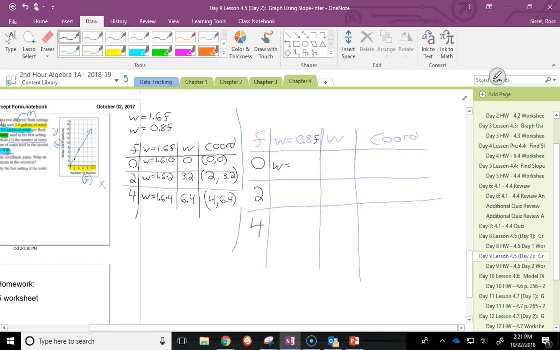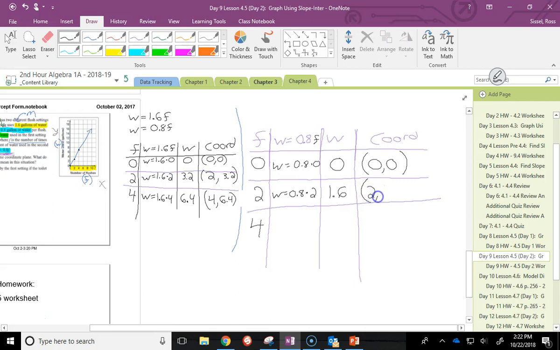So if I had 0 flushes, I'd have 0.8 times 0, which gives me 0 water used. Same idea as before. If I don't flush a toilet, I use no water. If I flushed it twice, I'd have 0.8 times 2, which is 1.6.